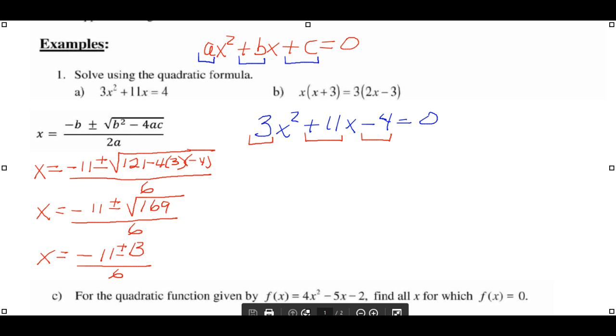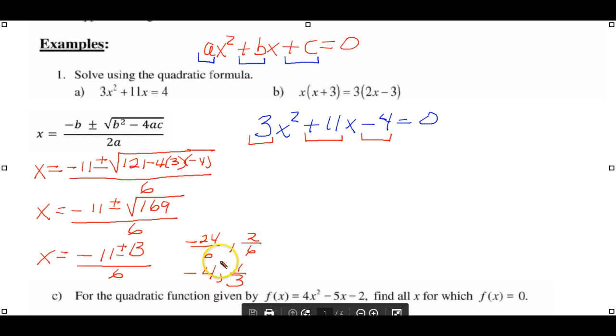Let's see what you get. So a negative 11, negative 13 gives you a negative 24 over 6. That will reduce to a negative 4. And this reduces, a negative 11, positive 13 is a positive 2 over 6, to 1/3.